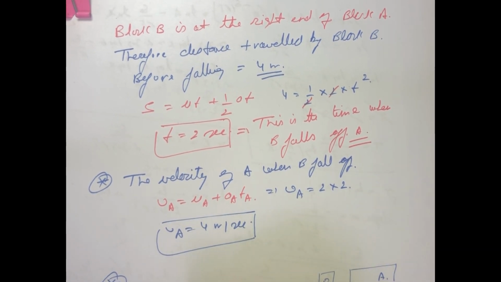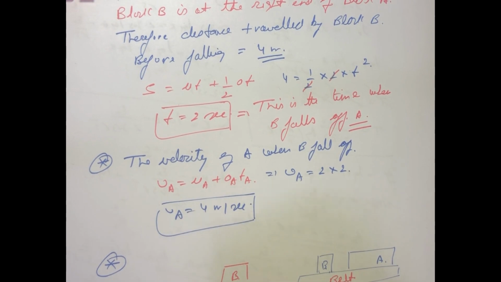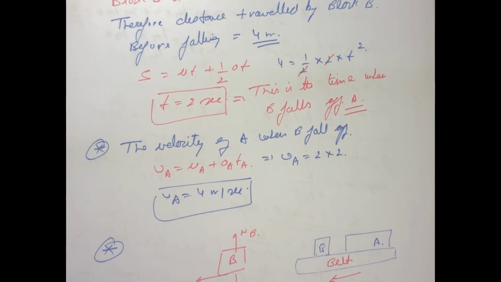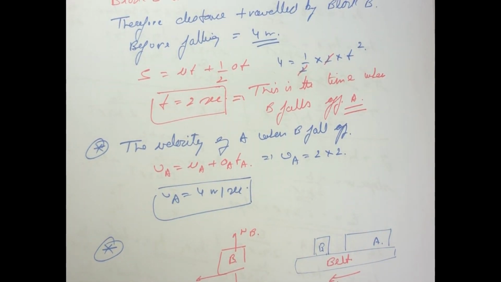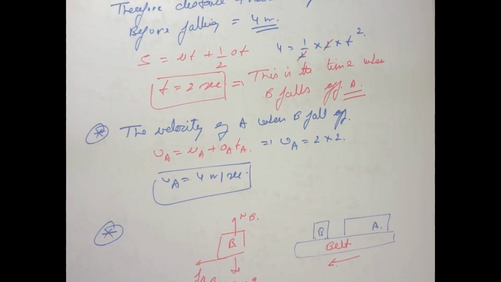So for block B, there will be a force, let us call the force of friction FRB, towards leftward, because belt is moving in this direction, and there will be MBg in the downward direction and the normal NB in the upward direction. So this is for block B.